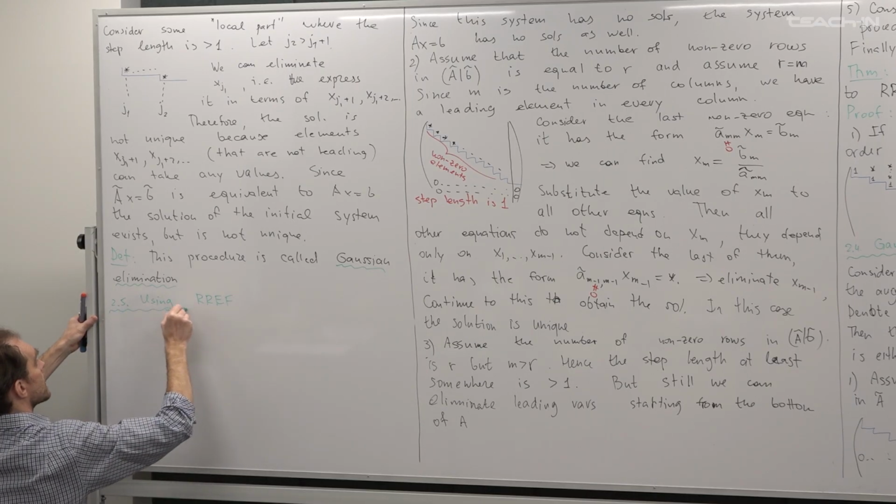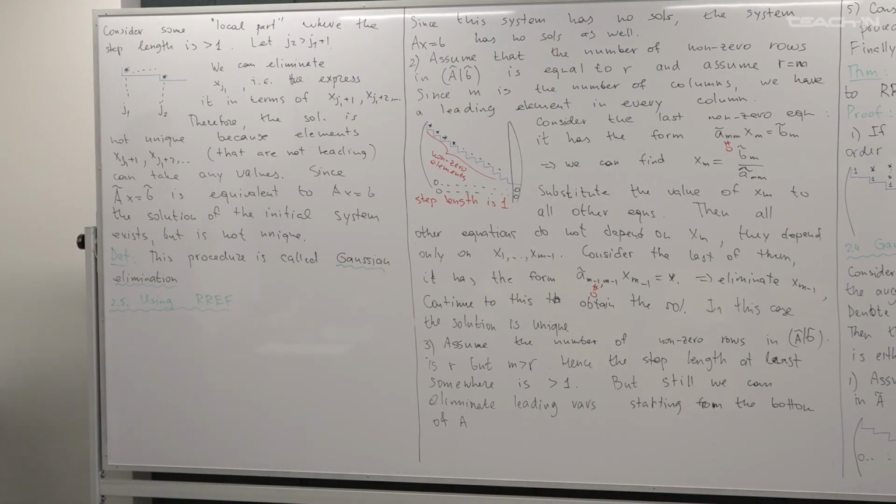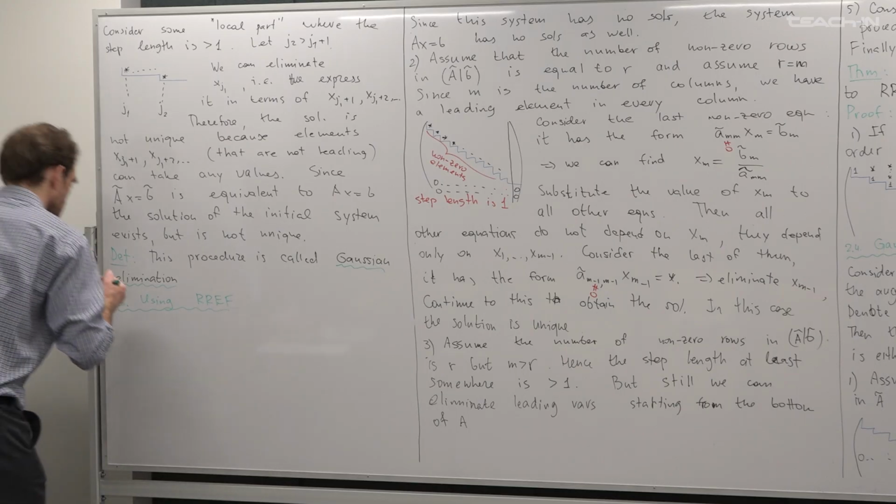Now we will see that if we use reduced row echelon form instead of row echelon form, then in some cases, or maybe in most of the cases, it is more convenient to get the solutions of our system explicitly. But first I will need to give some more definitions.